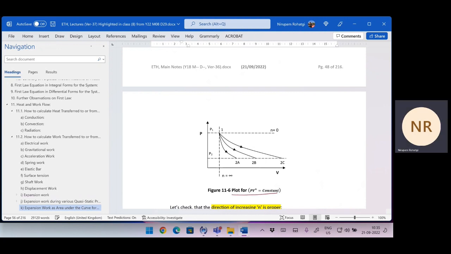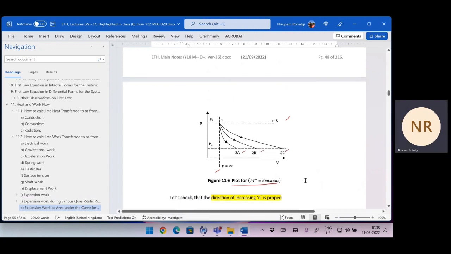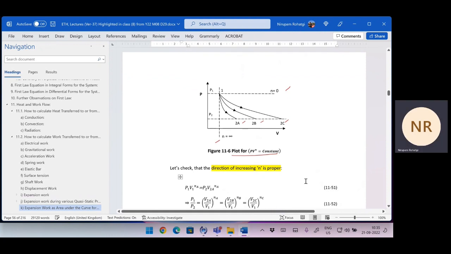This is the polytropic process. If you draw like this, the horizontal line is n equal to 0, the vertical line is n equal to infinity, and you have these three lines A, B, and C for which n is different, and it is like this.